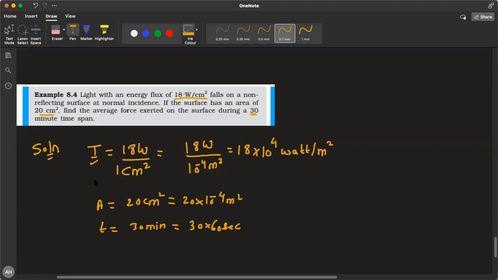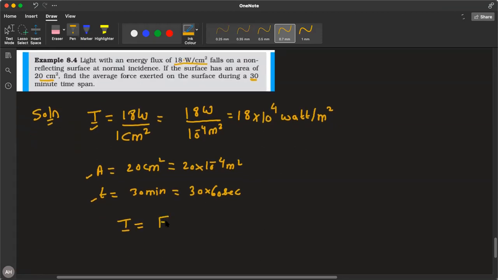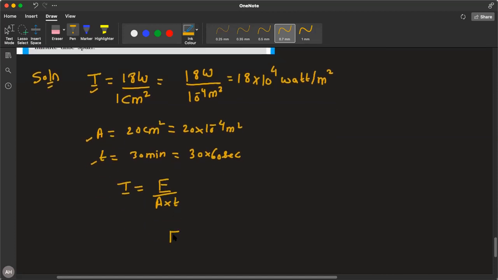If you have intensity, area and time, can you calculate total energy? Ahmed, can you think of a relation between intensity, total energy, area, and time? Energy by area by time is intensity. So we can calculate energy, right?